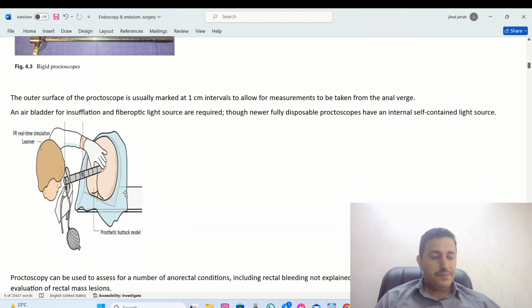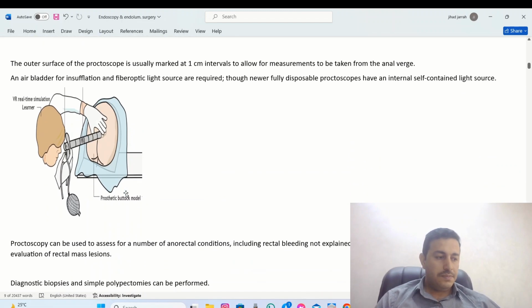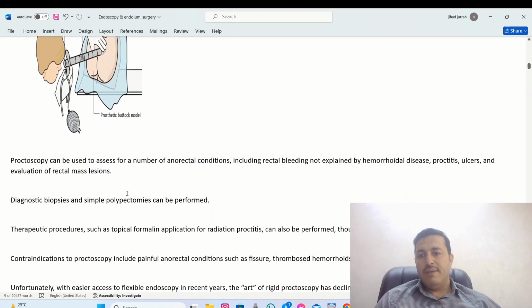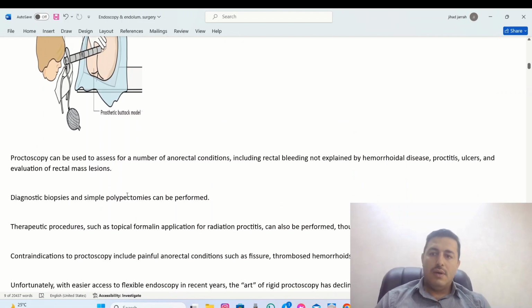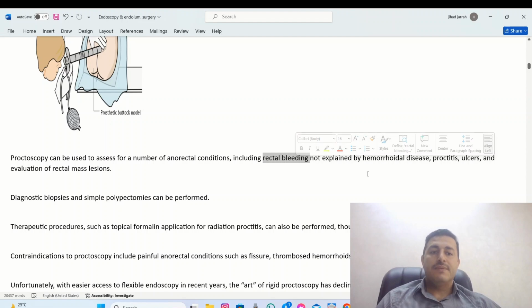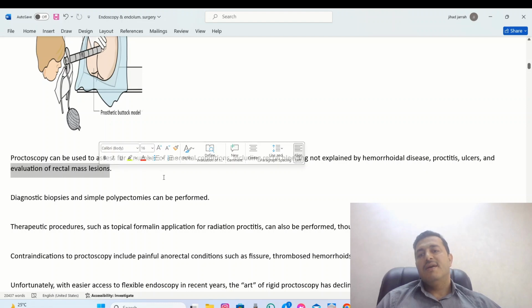Okay, we can use the proctoscope to evaluate certain pathological conditions, such as anorectal problems, rectal bleeding not explained by hemorrhoidal disease, proctitis, ulcer, and evaluation of a rectal mass.